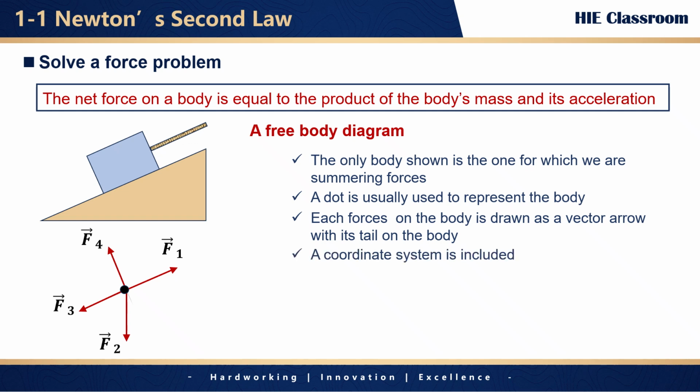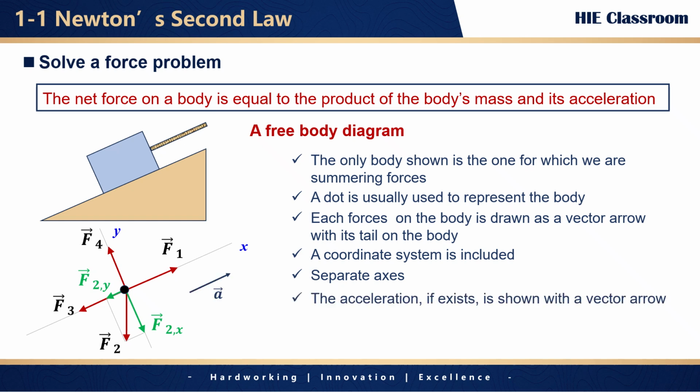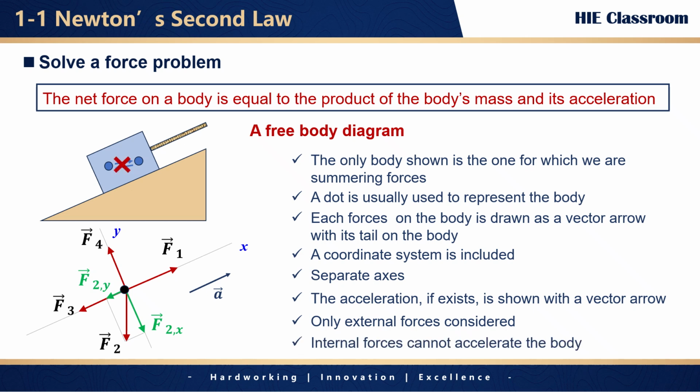We also choose our coordinate system, usually with separate axes, to help us keep track of directions. If the object is accelerating, we can show that with an arrow as well. An important point: we only include external forces acting on the object. Internal forces don't affect the motion of the object as a whole, so we leave them out.